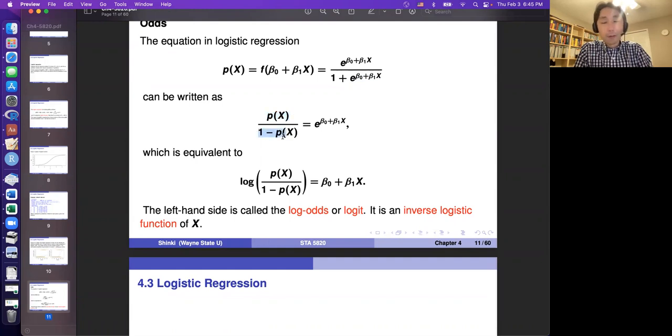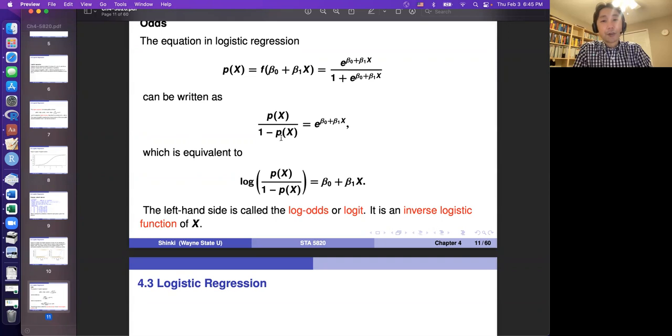What's the numerator? What's the denominator? The denominator is the failure probability. So if the success probability is 30%, the failure probability is 70%. The ratio is this, and it is called the odds ratio. So 30% over 70%, the ratio is about 3 over 7, roughly 0.43. That's the odds ratio.